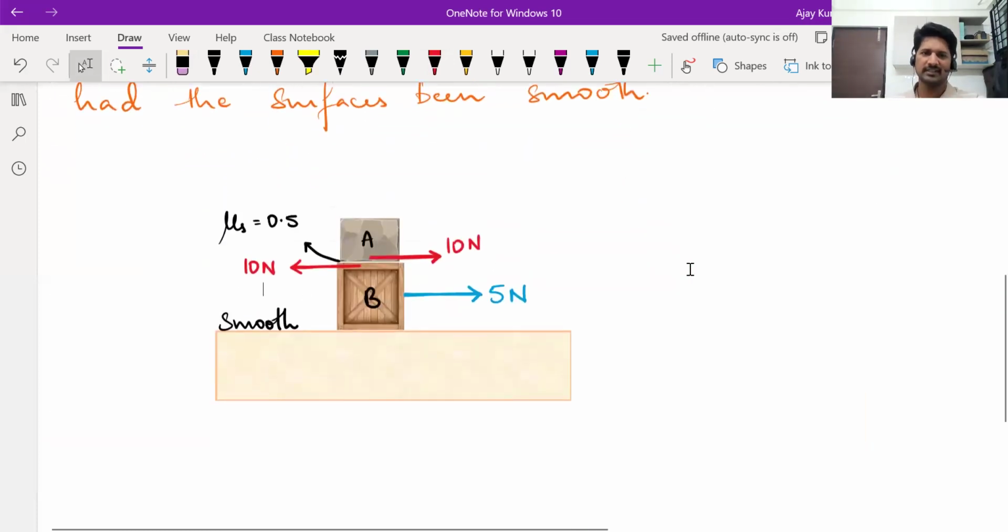But if these are the forces acting on them, you just observe the forces and tell me, how should block A move? Sir, that means block A's force is more than whatever block B is experiencing, right? Forget about forces. Tell me, under the influence of the 10 Newton force, what is going to happen to block A?